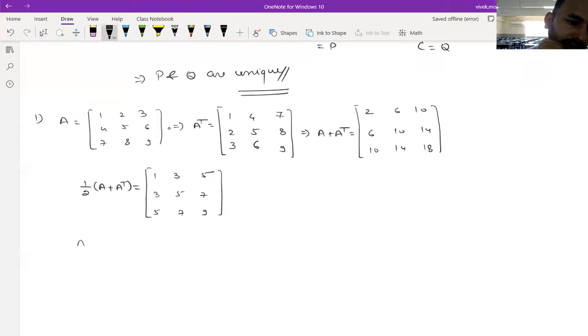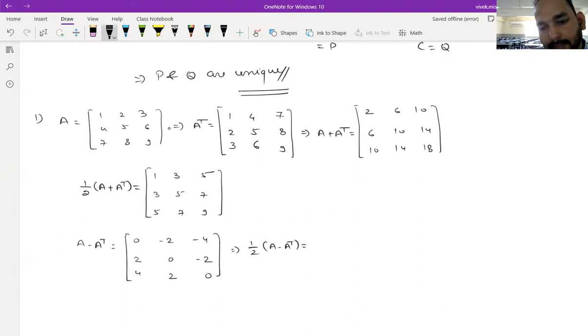A minus A transpose, if I do, is 0, minus 2, minus 4, 2, 0, minus 2, 4, 2, 0. So 1 by 2 A minus A transpose is 0, minus 1, minus 2, 1, 0, minus 1, 2, 1, 0.